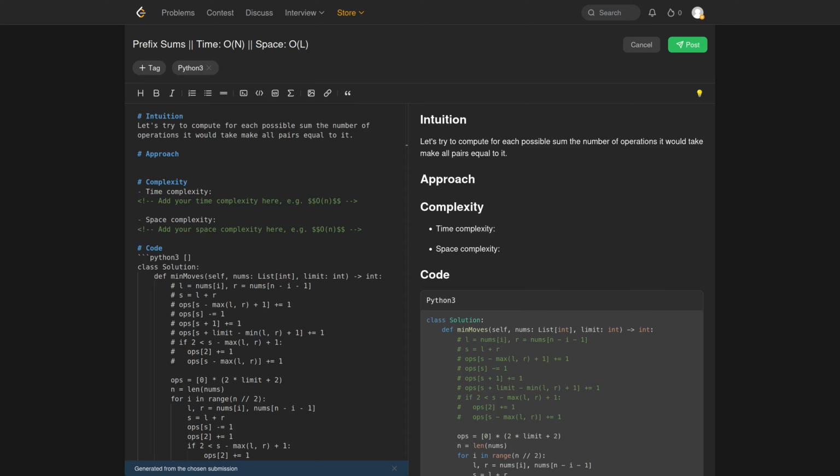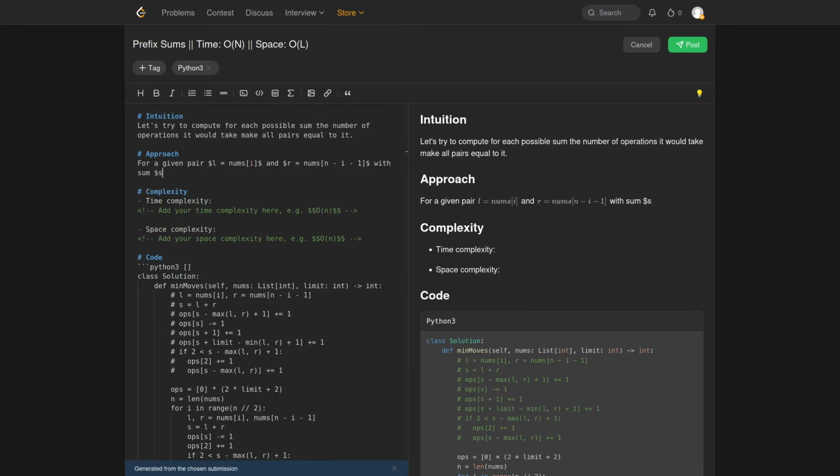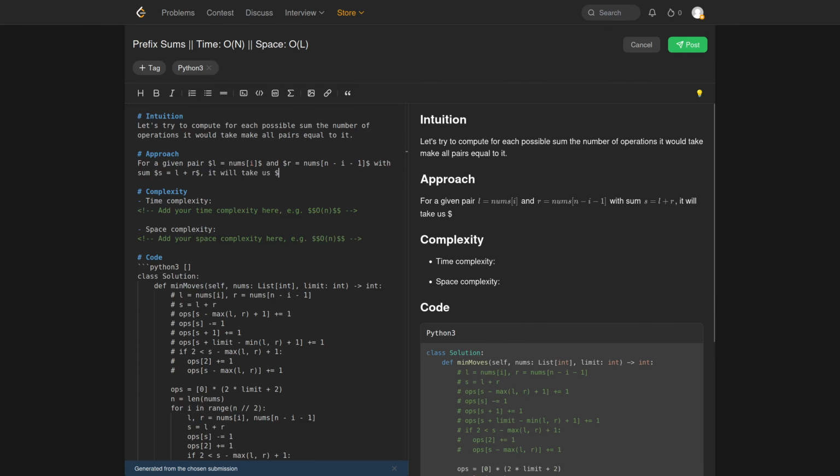Approach: for a given pair L = nums[i], R = nums[n minus i minus 1] with sum S, it will take us one operation to get a sum in a certain range.